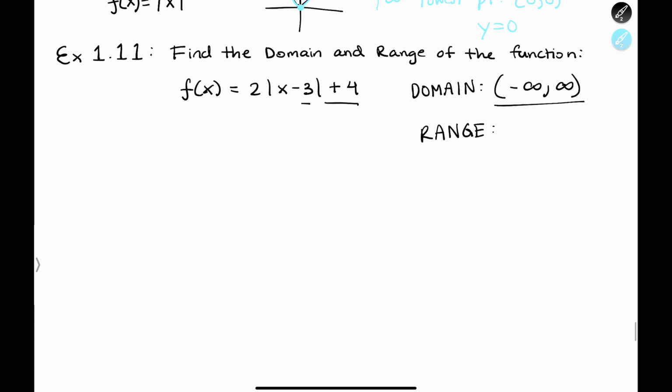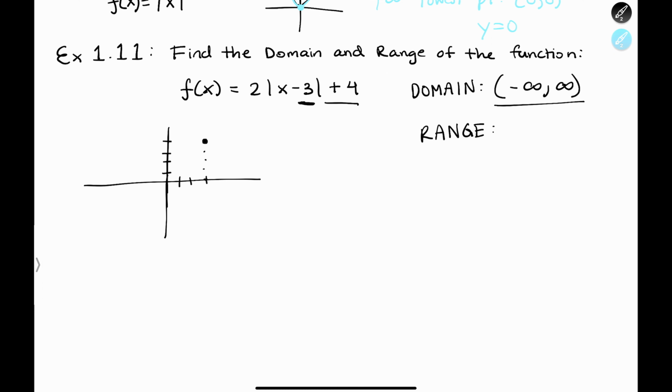But in this case, we got a couple of translations and whatnot. So if we were to graph this, we notice that it goes to the right 3 units and it goes up 4 units. So this lowest point is at 4, and then it opens up.